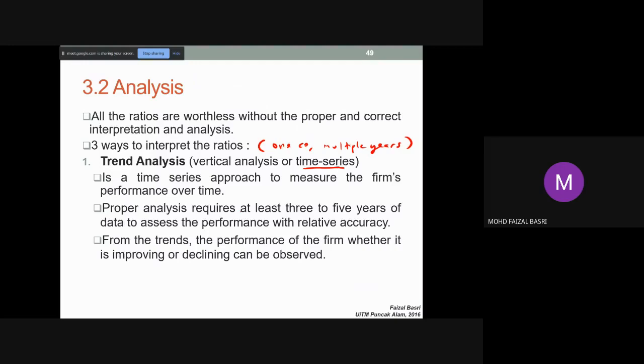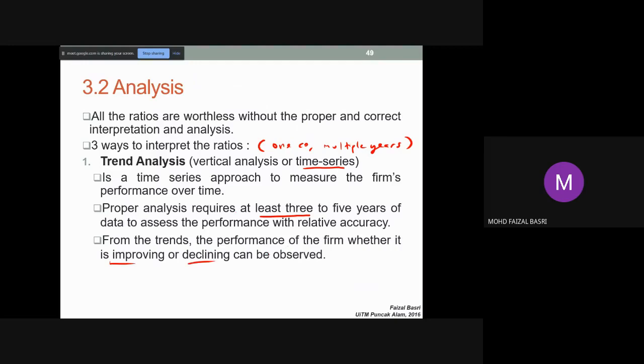Proper analysis requires at least 3 years. So meaning company A, you tengok 2017, 2018, and 2019. So check lah dia punya time series dia. Is it improving or declining, for example? You can see whether it's improving or declining.